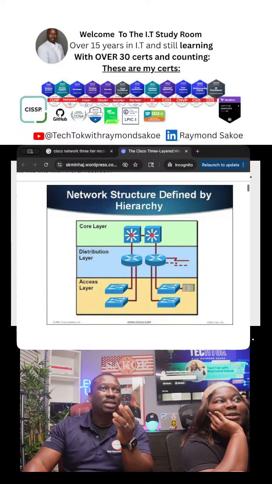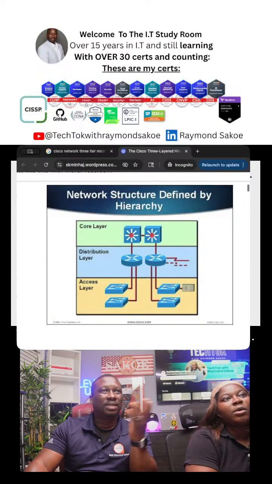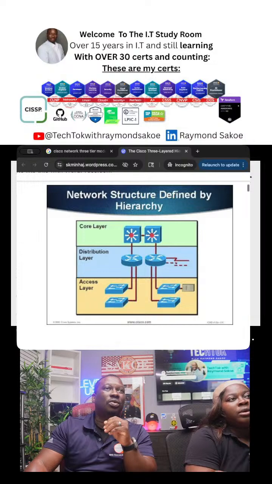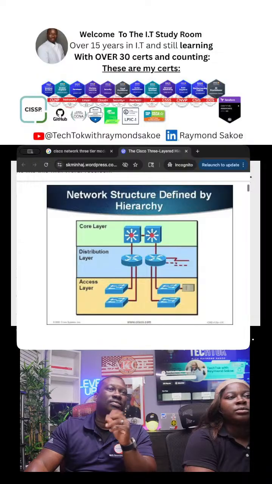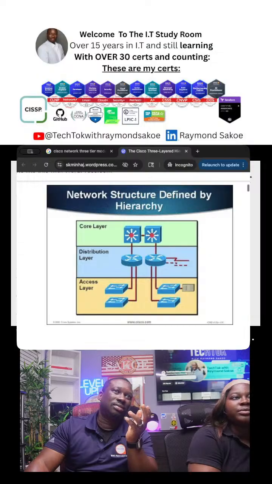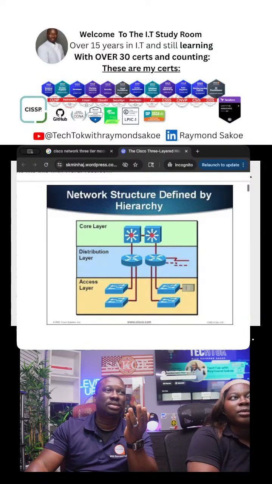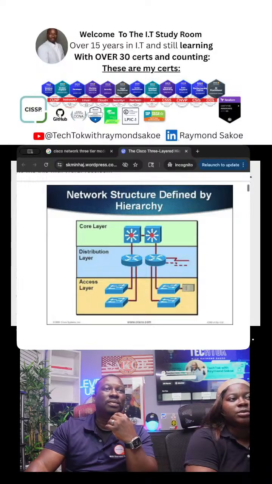So yeah, that is the hierarchy, right? So I don't think it's Cisco specific. I think everyone else uses it, right? So now you have the core layer. The core layer can be a layer 3 switch, right? So it's a router that performs switching tasks as well. So the core layer, most of the time, it's expensive routers and all that. And then now you have distribution layer. So the distribution layer would be where you connect to a different type of building or different type of rooms.